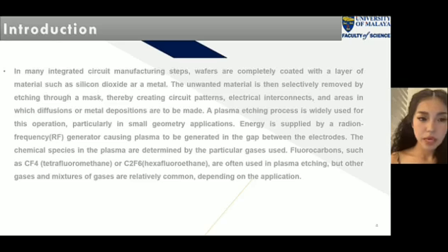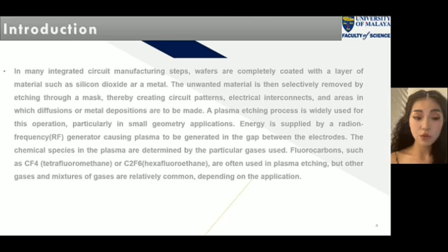So for the introduction, in many integrated circuit manufacturing steps, wafers are completely coated with a layer of materials such as silicon dioxide or metal. The unwanted material is then selectively removed by etching through a mask, thereby creating circuit patterns and electrical interconnections in the area in which diffusions or metal depositions are to be made.